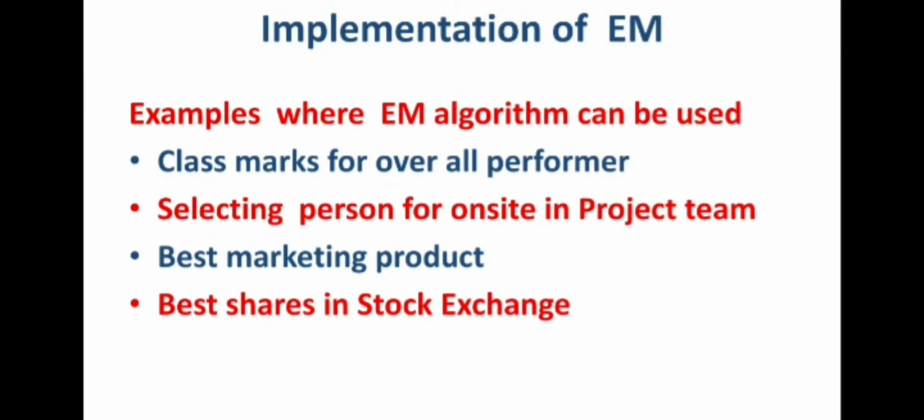By trial and error this algorithm keeps running until we get the same value, and then we stop the algorithm. This is the implementation where we go for the EM algorithm: class marks to find the overall performer, the best person to choose for on-site, the best marketing product, best shares and stock exchange. In all these areas we can go for the EM algorithm.